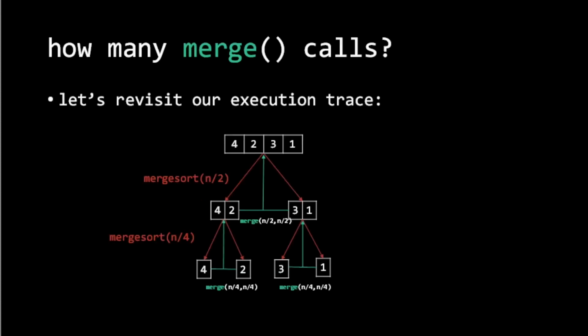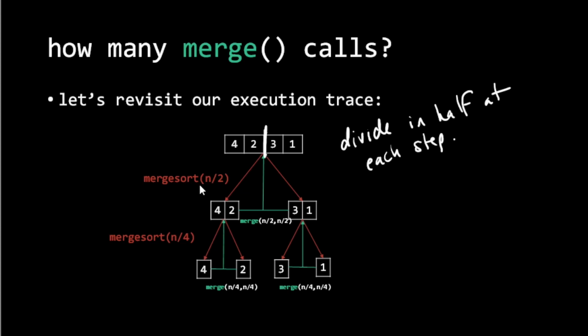When we look at how many merge calls happen, I hope the structure was quite familiar to you, because at each step we are dividing our input in half. Since we divide our input in half, we're going to call merge sort of n over 2 at each of these.